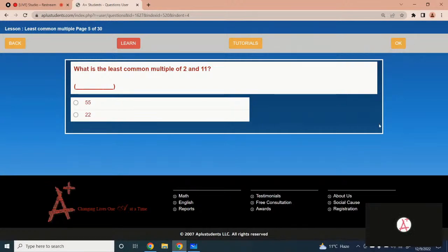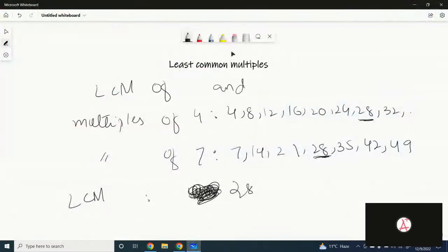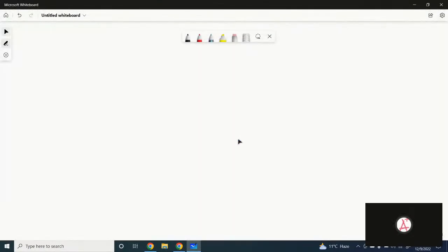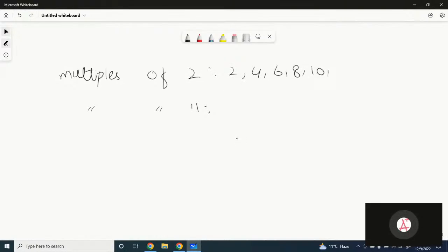We need the multiples of 2 and the multiples of 11. 2 times 1 is 2, 2 is 4, 3 is 6, 4 is 8, 5 is 10, 6 is 12, 7 is 14, 8 is 16, 9 is 18, 20, 22. 11 times 1 is 11, 2 is 22, 3 is 33, 4 is 44.